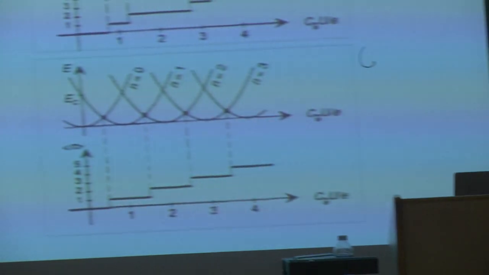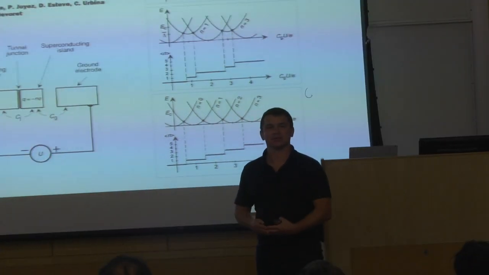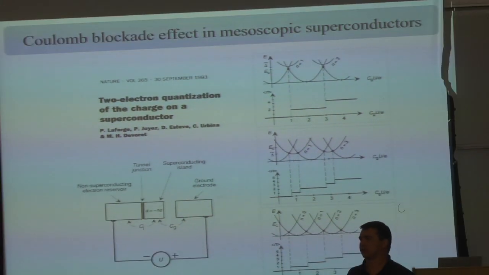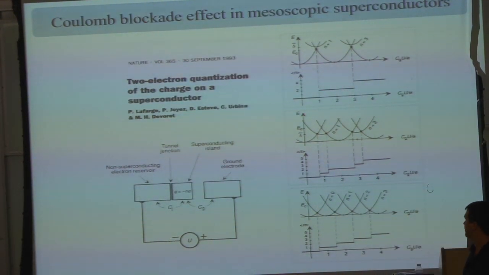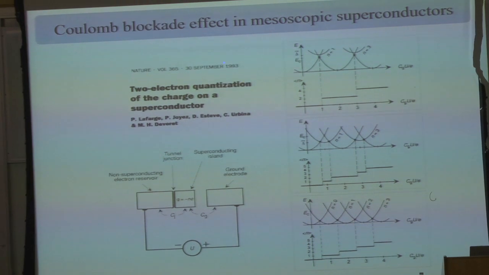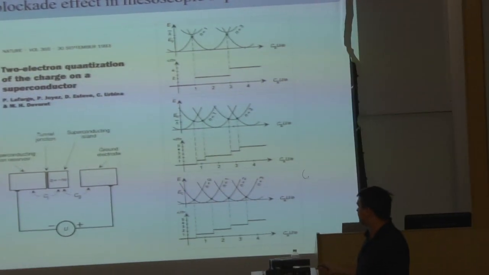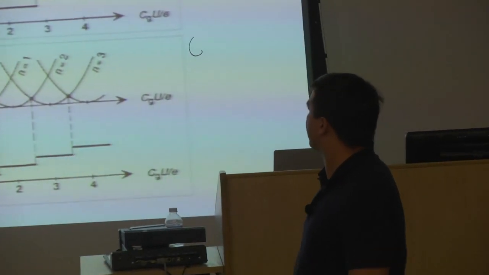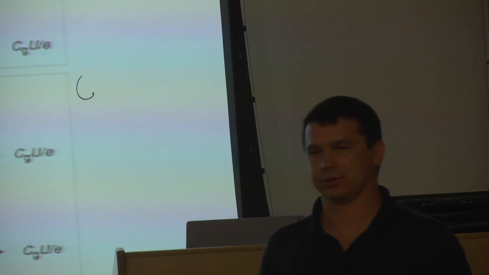Okay, so an additional experiment which also tells us that we're on the right track can be done in finite superconducting islands. This data is from 1993 from the Saclay group led by Michel Devoret, in which they studied how the charge in this superconducting island, shown here schematically, changes as a function of the gate voltage applied to it.